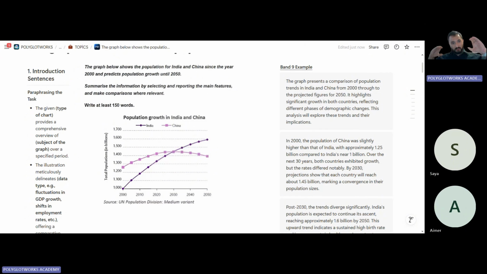And then compare and contrast should be in the conclusion. Why? Because the examiner is reading your article, and as an examiner, I should understand, not read confusing articles, not jump from one idea to another idea.